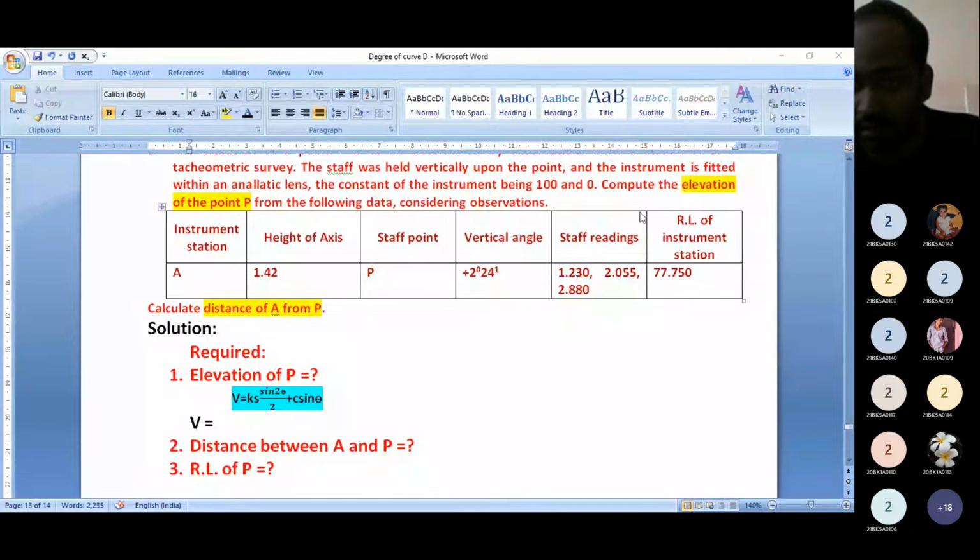Yeah, guys, tell me. Sheikh Anas, I think your roll number is 138. What is your roll number?